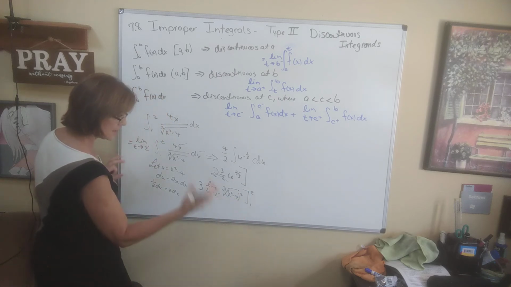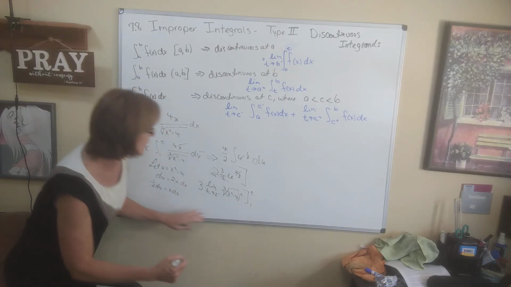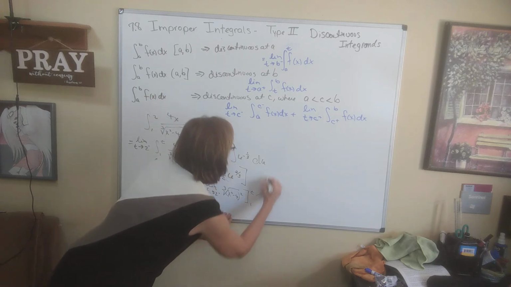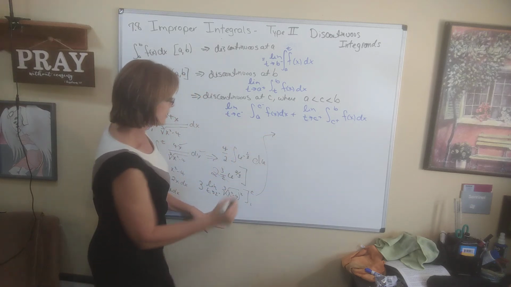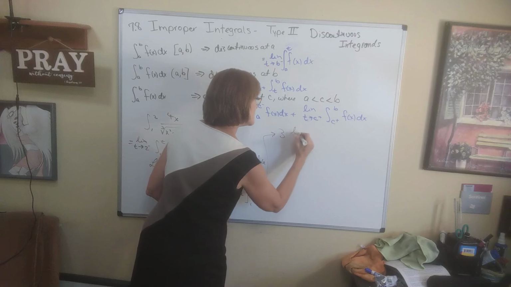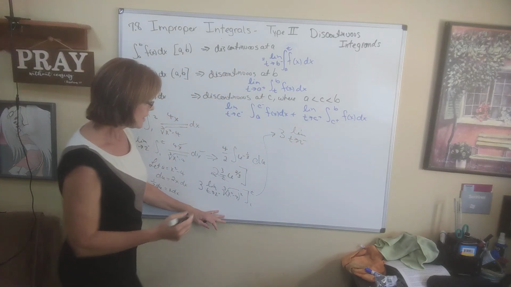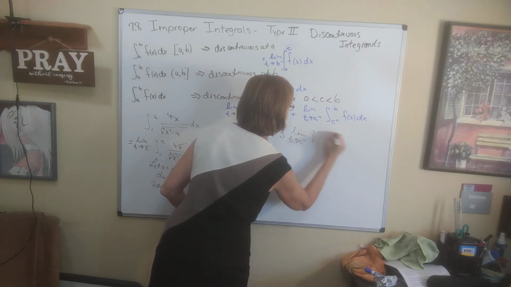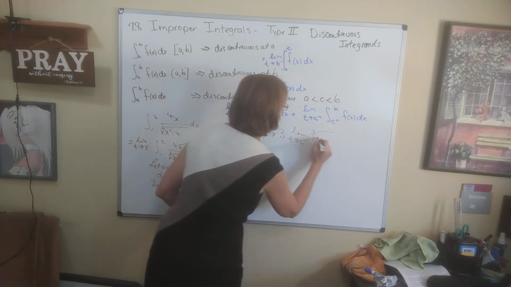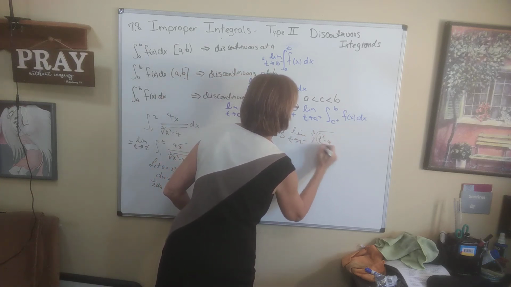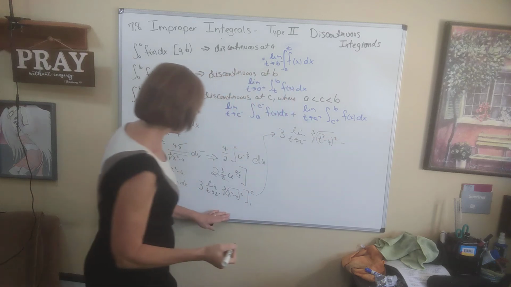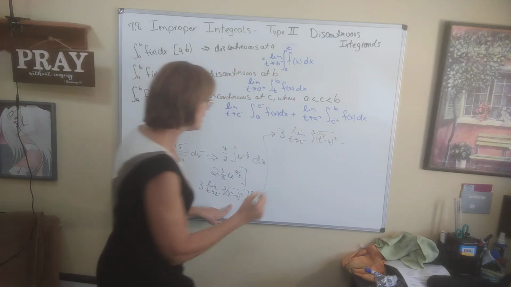All right, let's see. This is going to be equal to 3 times the limit as t goes to 2 from the left of the cube root of t squared minus 4, squared, minus, stick in the 1.